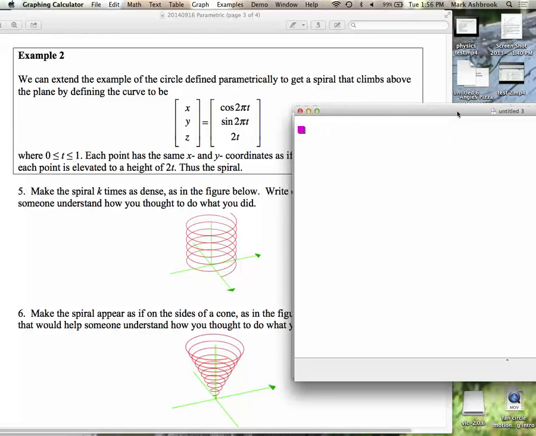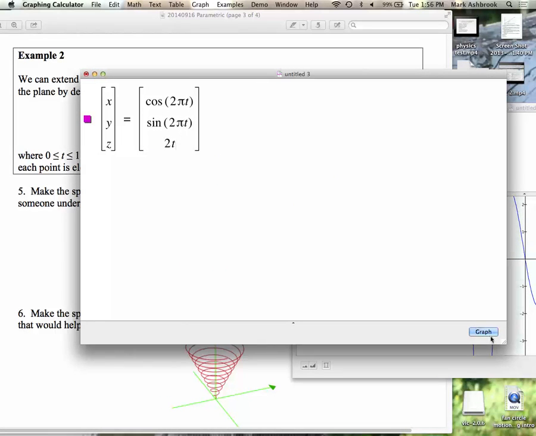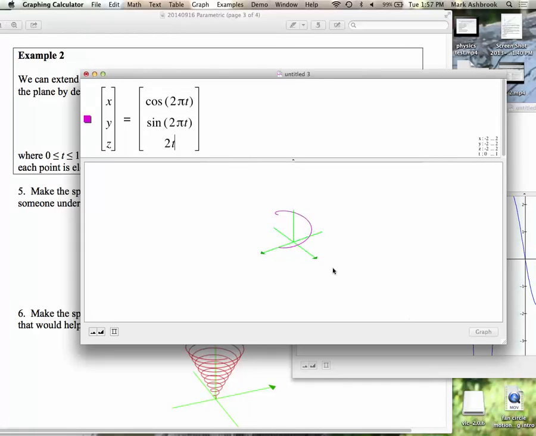All right, so let's check this out. If you remember, I think I showed you guys this with the three-dimensional graphs.